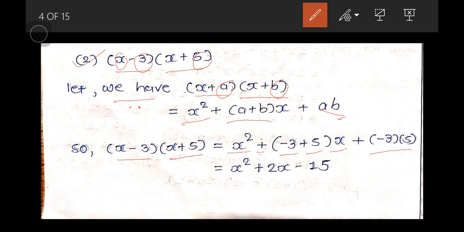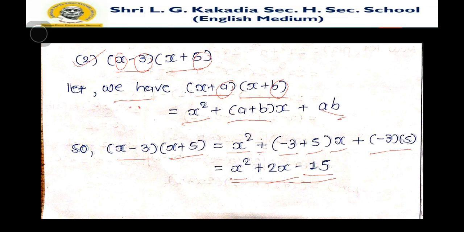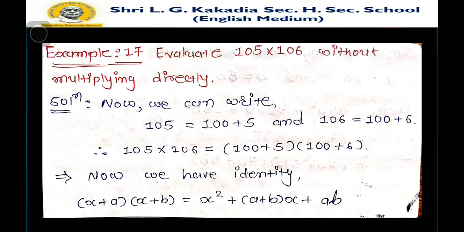At last we get x square plus 2x, and 3 fives are 15, so minus 15. So the product x minus 3 into x plus 5 is x square plus 2x minus 15. By using all these identities we can find such products. Let us understand the next example, example number 17.